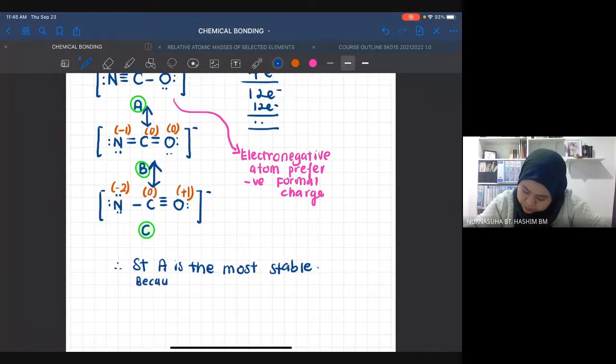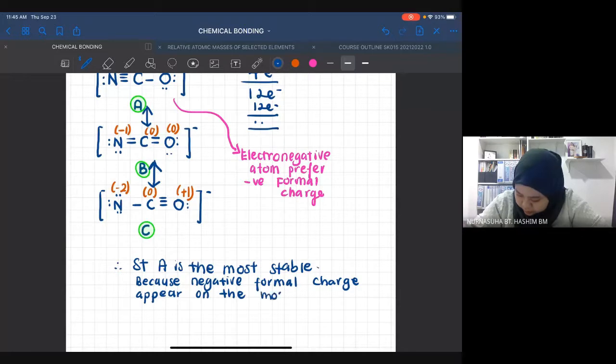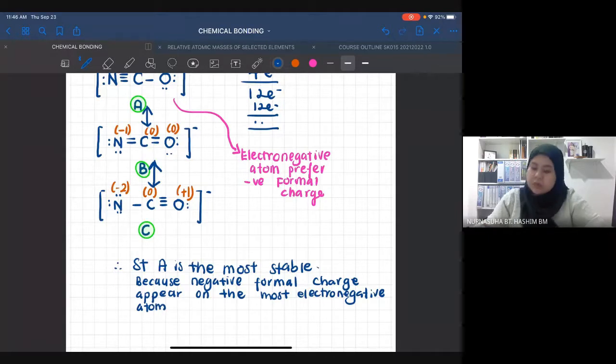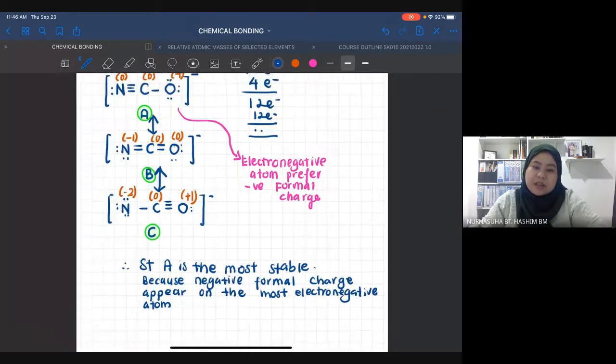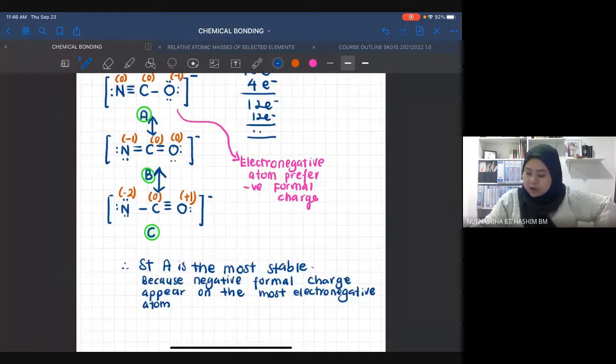Because negative formal charge appears on the most electronegative atom, which is oxygen.